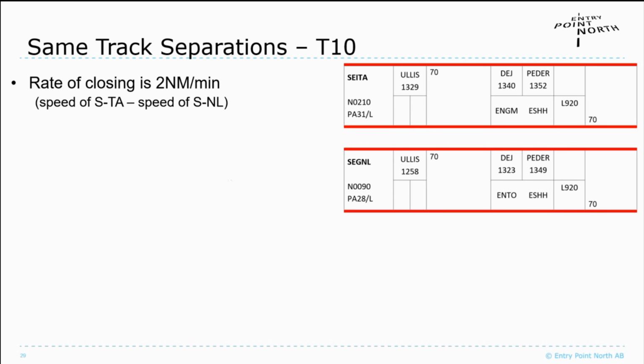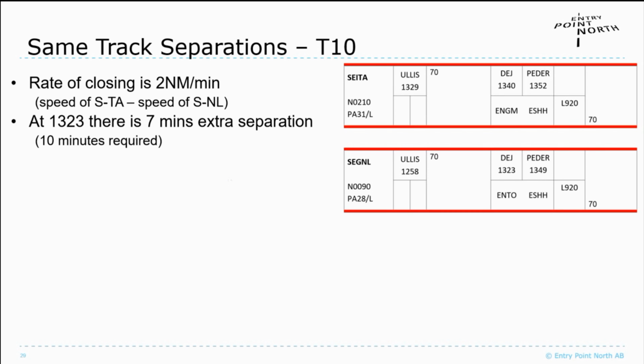That is 1.5 nautical miles per minute. And we can see that Sierra Tango Alpha is flying at 210 knots. Now the difference between them is 120 knots, and we know that 120 knots is 2 nautical miles per minute. So what we're saying is that every minute that goes by, Sierra Tango Alpha is getting 2 nautical miles closer to Sierra November Lima.